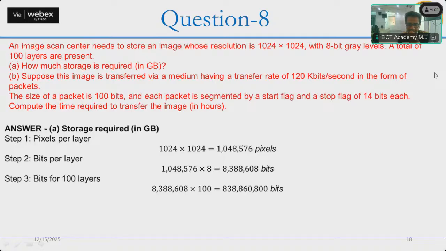GB, it is giga. How many bits are in the giga? Mega is 10 to the power 6. Then giga is there.